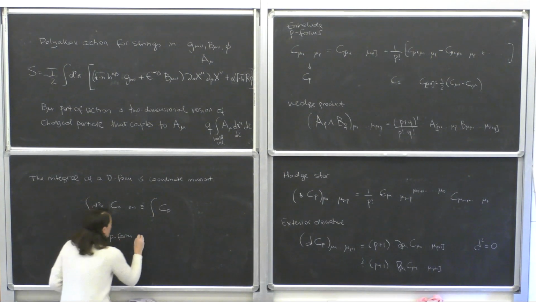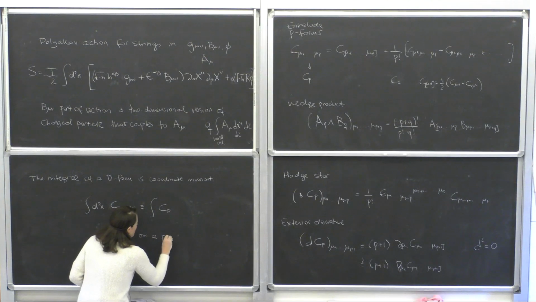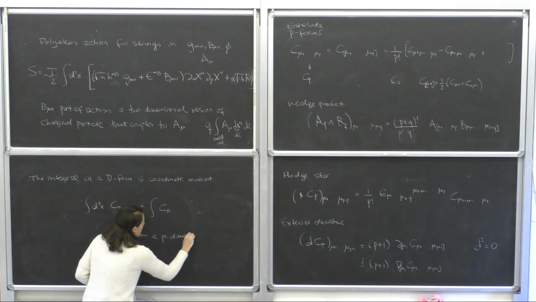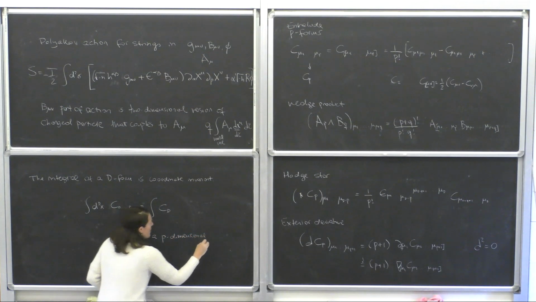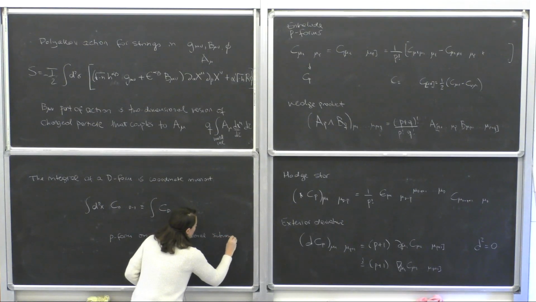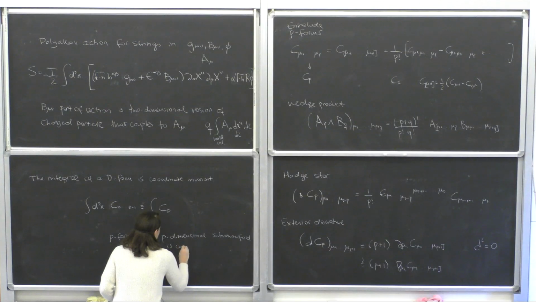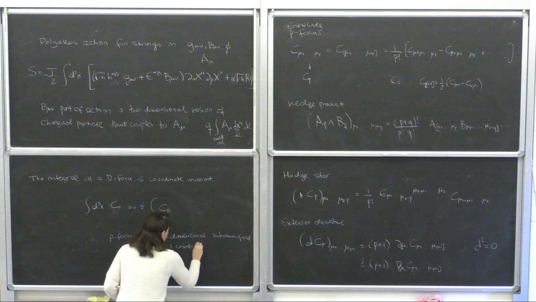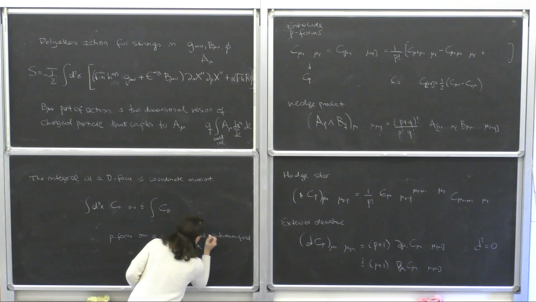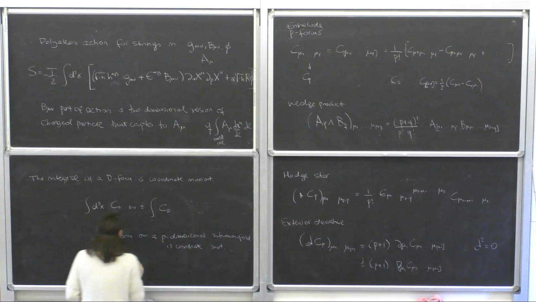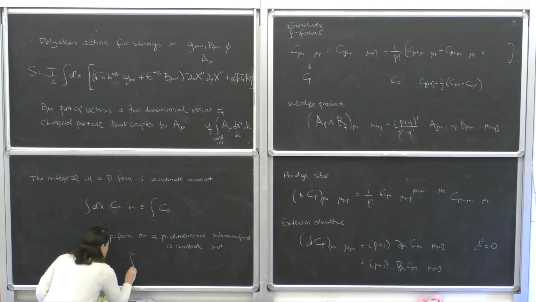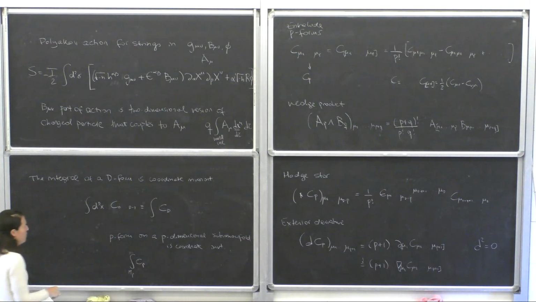The integral on a p-dimensional submanifold is also coordinate invariant, invariant under diffeomorphisms. That's it. And that we write as the integral of C p over some p-dimensional manifold. And that's coordinate invariant.